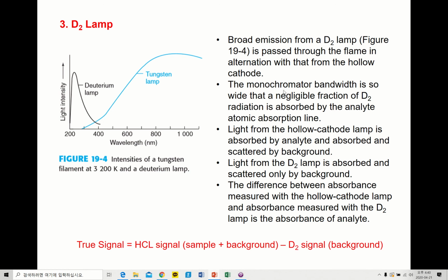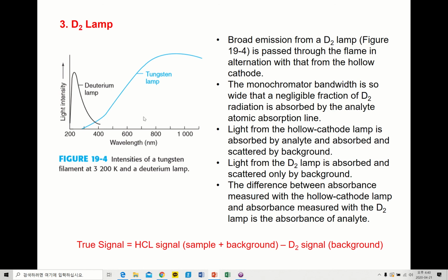Okay, the monochromator bandwidth is so wide that a negligible fraction of D2 radiation is absorbed by the analyte atomic absorption line. The sample absorbs the light, but absorption from the deuterium lamp is very small, a negligible fraction of D2 radiation absorbed by the analyte atomic absorption line.